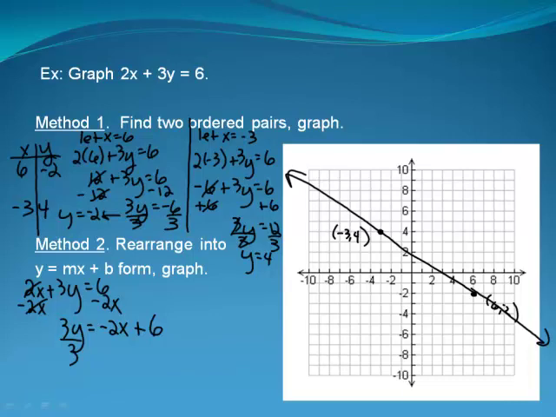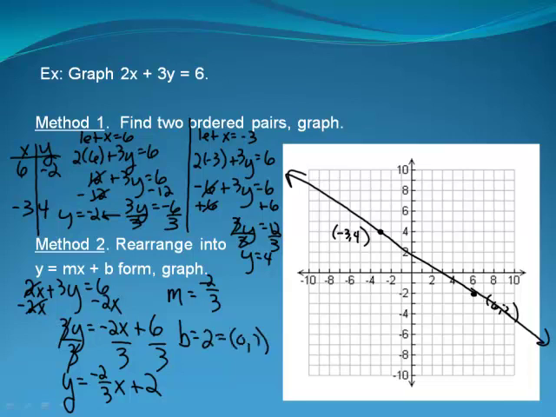Divide everything by 3 to get that 3 isolated. And we get y equals negative 2/3 x plus 2, where we can see our slope is negative 2/3, and our b value, or our y-intercept, is positive 2, which is the same as 0, 2 in ordered pair notation.